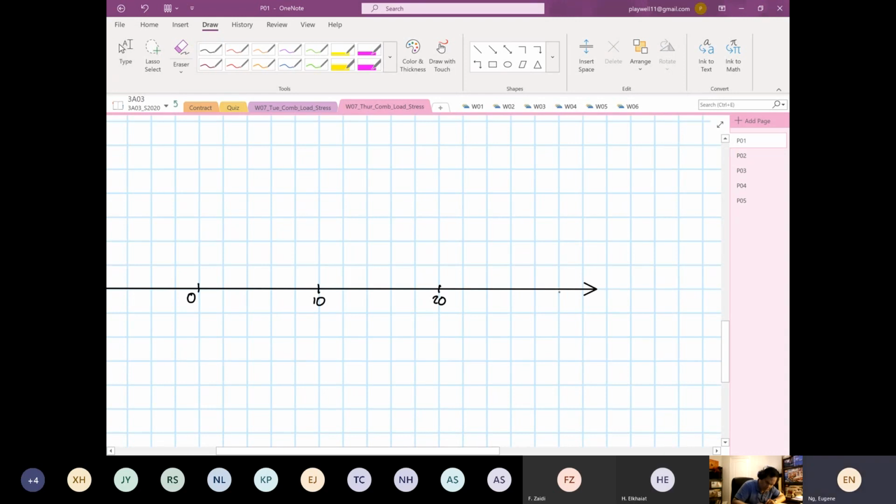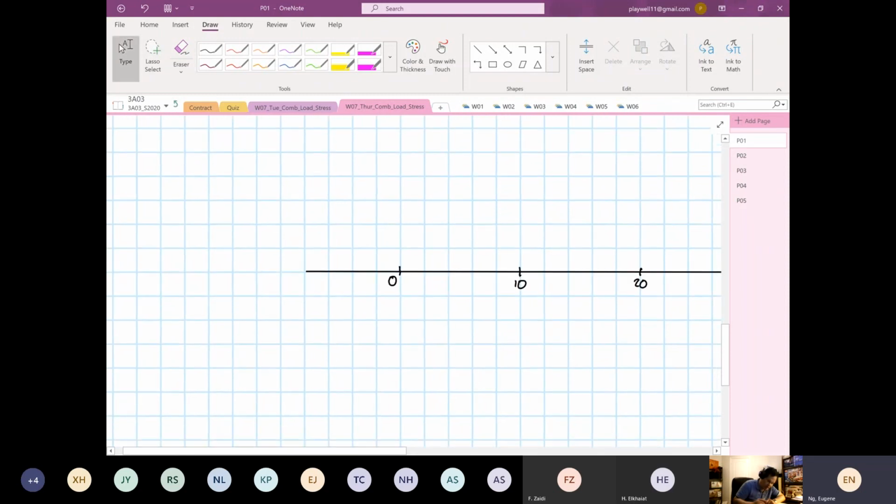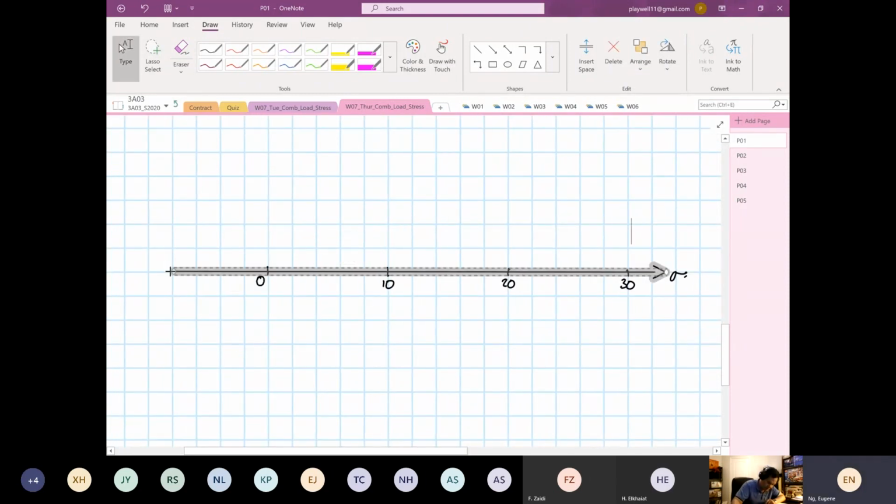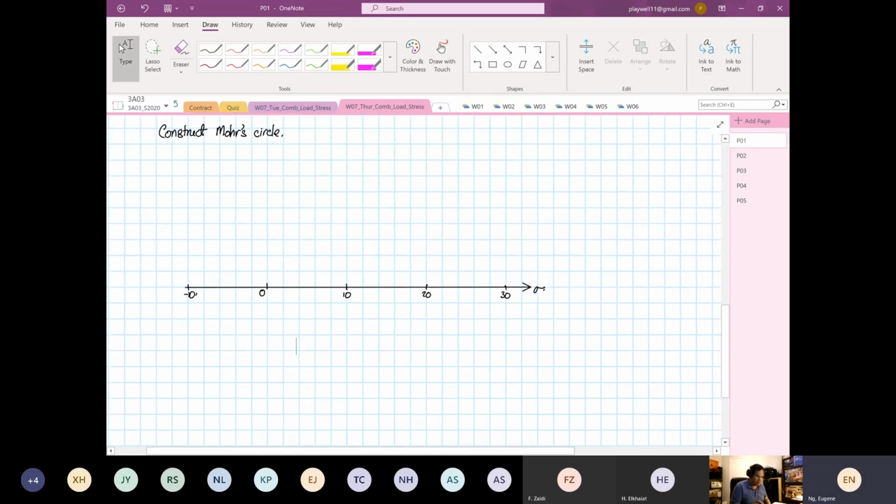This is my normal stress, and on my left hand side from the 0, anything else over here will be my minus 10. So the x-axis is your normal stress.